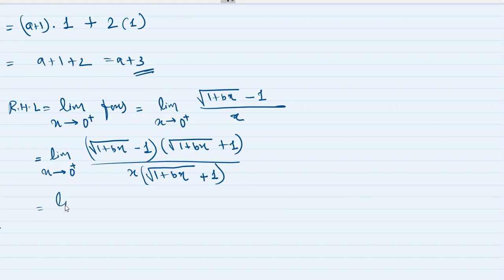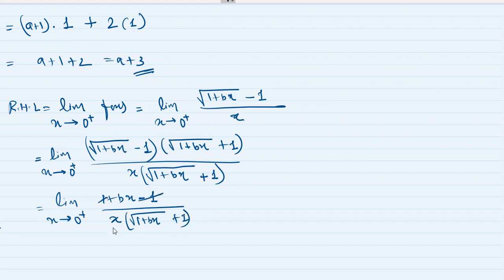Okay, so this becomes limit when x tends to 0 plus of 1 plus bx minus 1, because under root of 1 plus bx the whole square becomes 1 plus bx, minus 1 square, which is minus 1, whole upon x(under root of 1 plus bx plus 1).